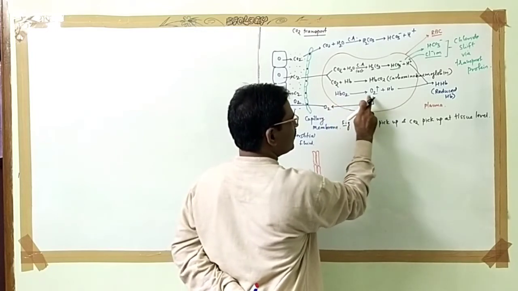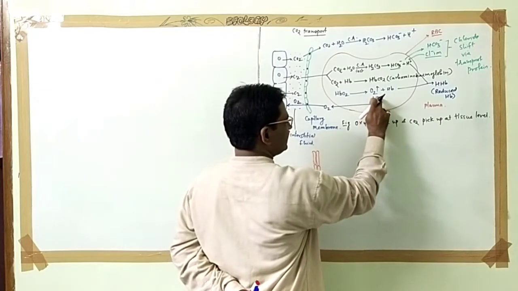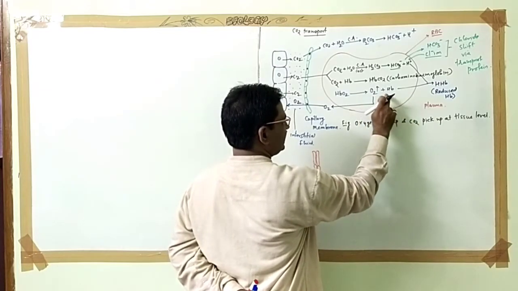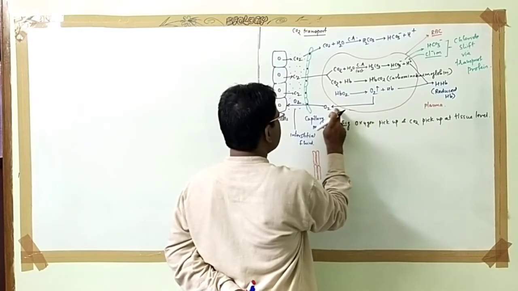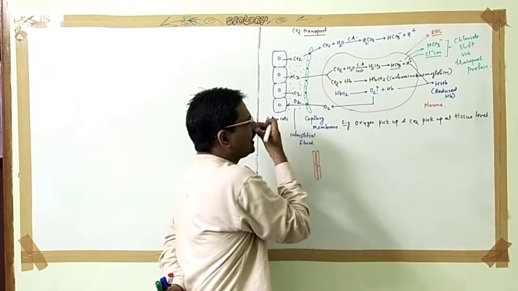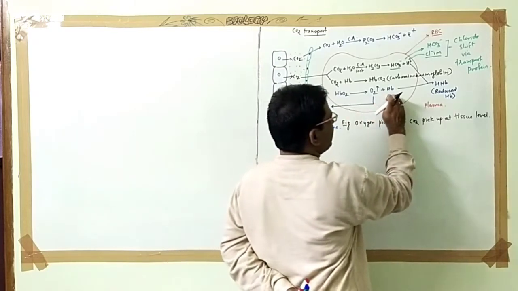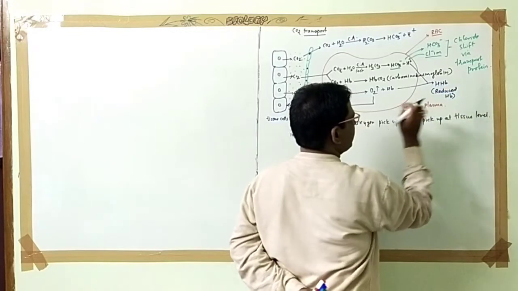It dissociates into oxygen and hemoglobin. Okay, and this oxygen gets free from this hemoglobin, and this oxygen is given to the tissue cells. Okay, and this hemoglobin combines with H plus ion to form a reduced hemoglobin.